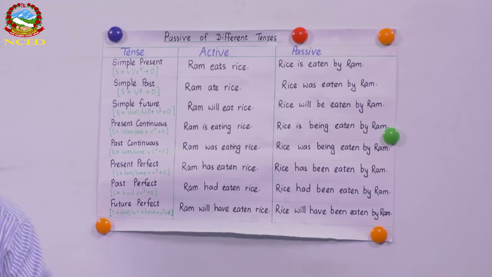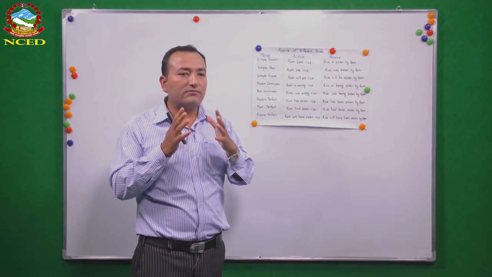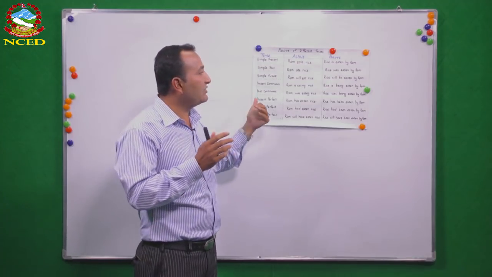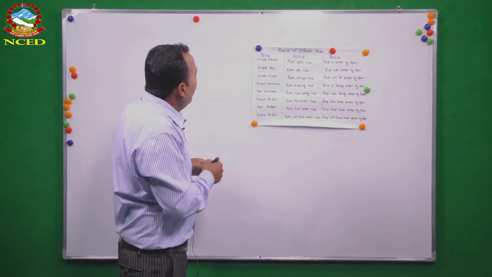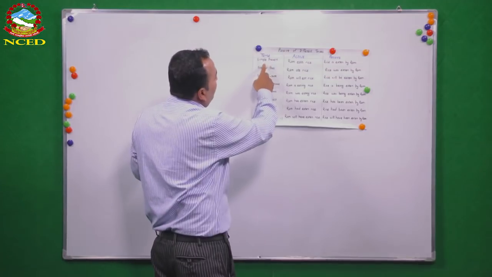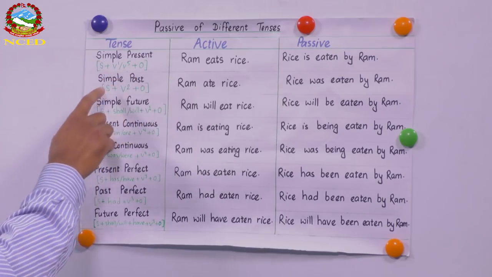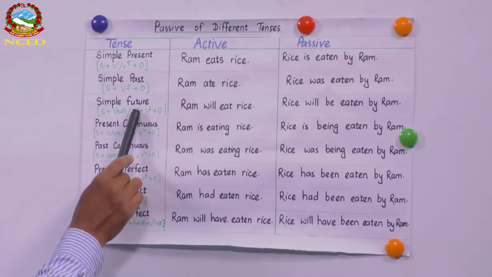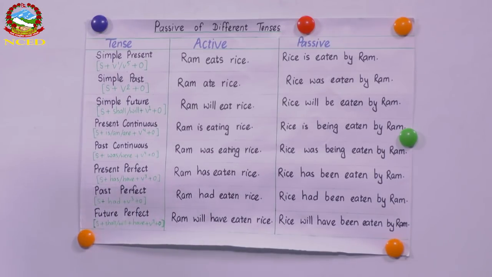You might know about tenses. There are 12 tenses. Out of 12 tenses, we can change only 8 tenses into passive voice. So here in the chart, just look at these: simple present, simple past, simple future, present continuous, past continuous, present perfect, past perfect, future perfect.